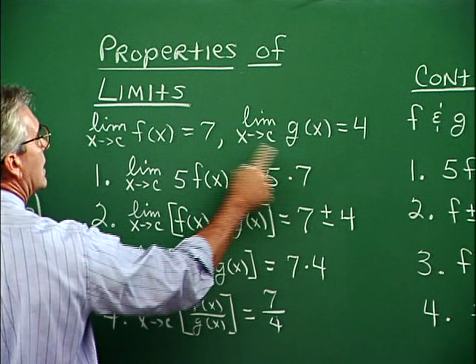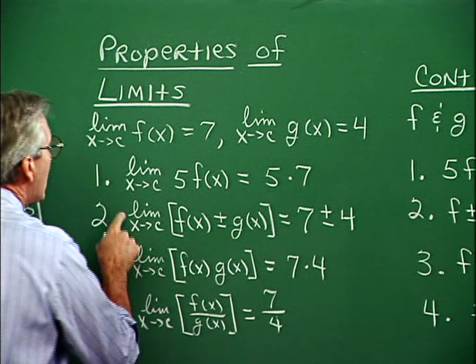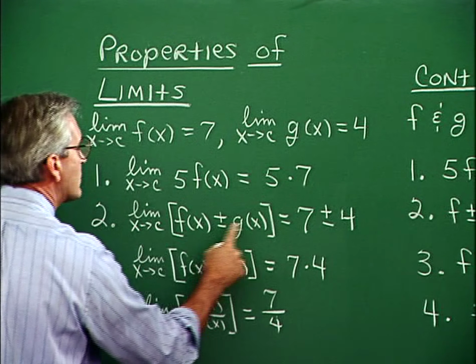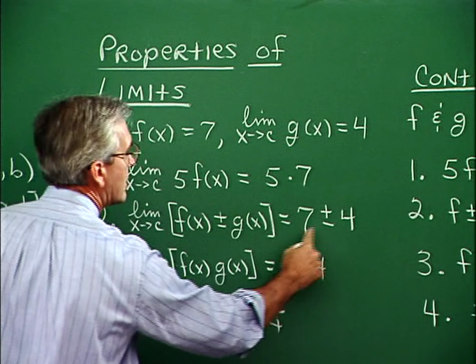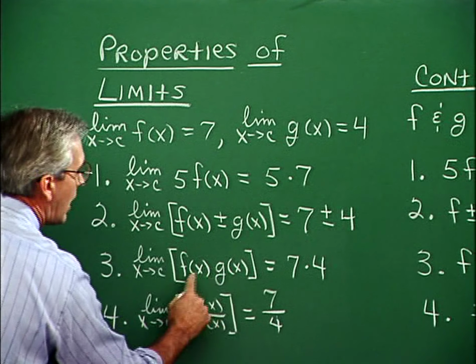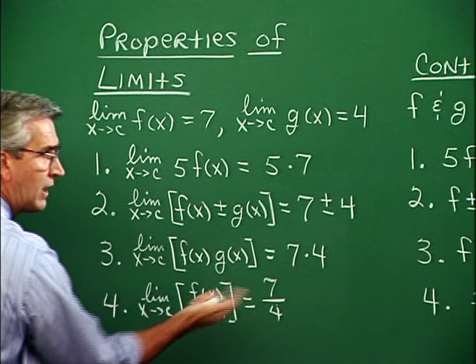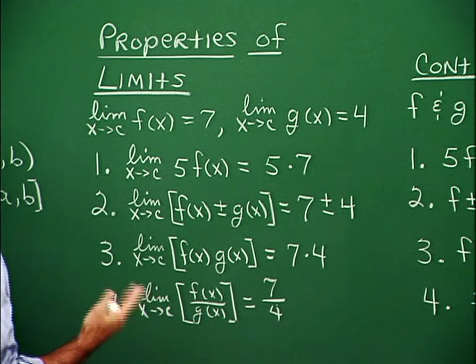And the limit as x approaches C of the sum or difference of the functions would be the sum or difference of their limits. Then the limit of the product is the product of the limits, and the limit of the quotient is the quotient of the limits. And so it just flows intuitively.